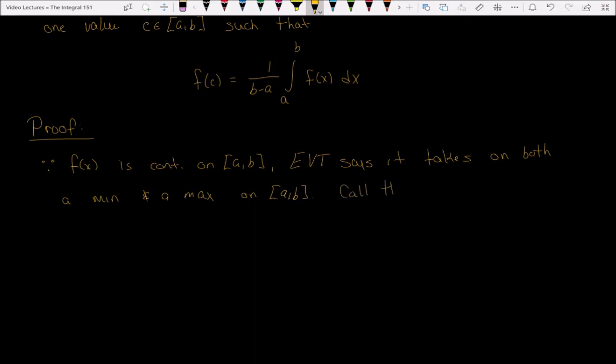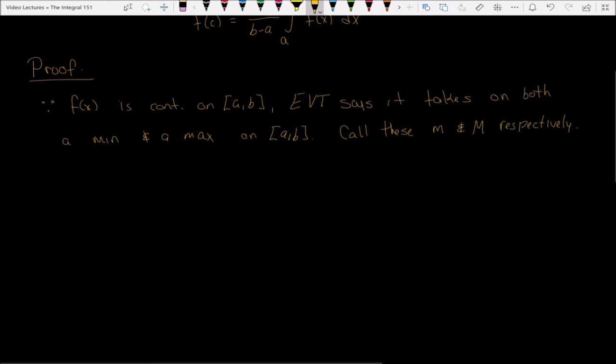Call these values little m and big M respectively. Thus, for all x in this interval, little m is less than or equal to f of x, less than or equal to big M. That's the definition of minimum and maximum values.